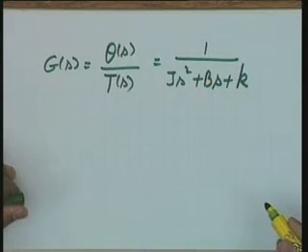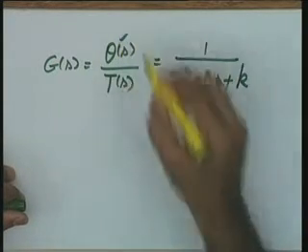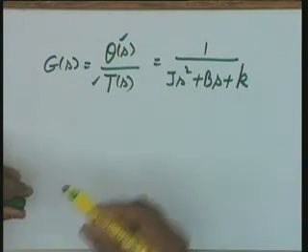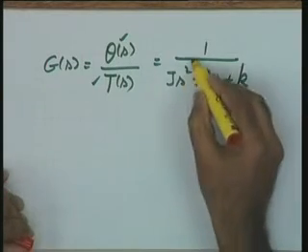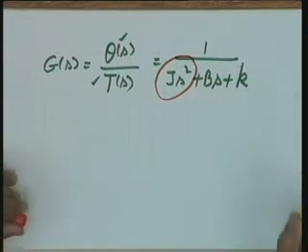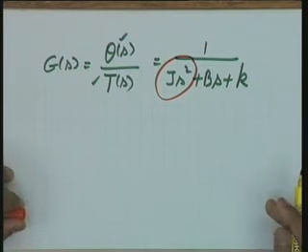This becomes the transfer function model of this system. The output variable is displacement and the input variable is T, and this of course as you see is a second order model with J, b and k as the 3 parameters of the system.